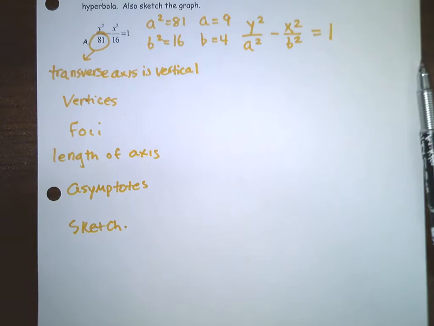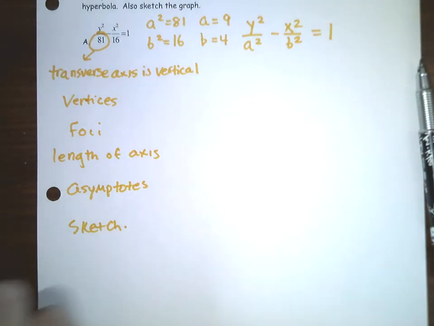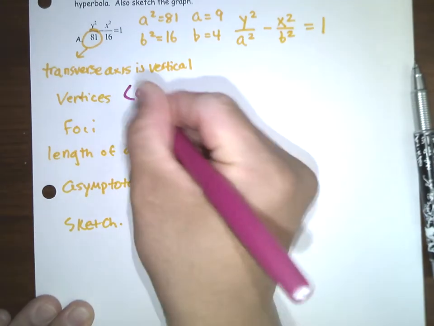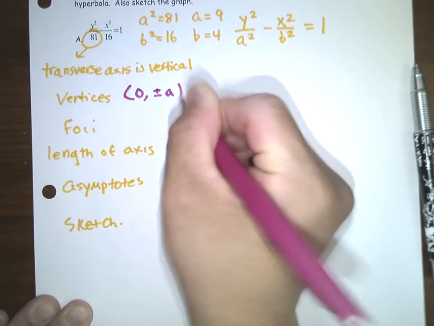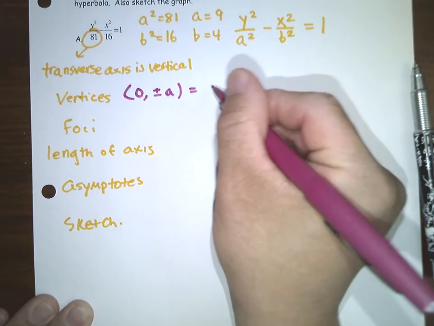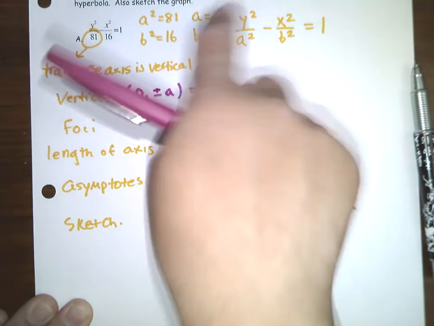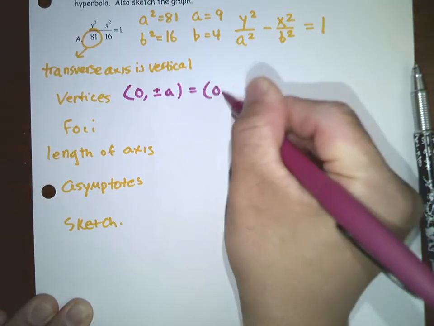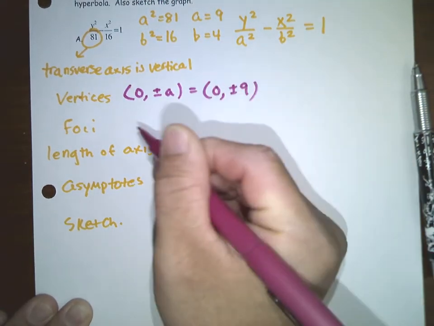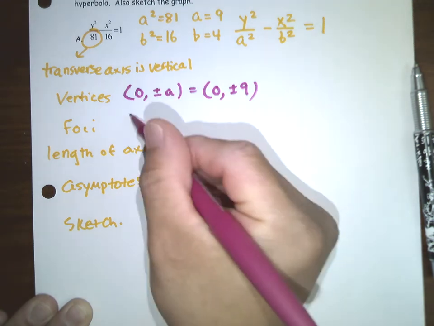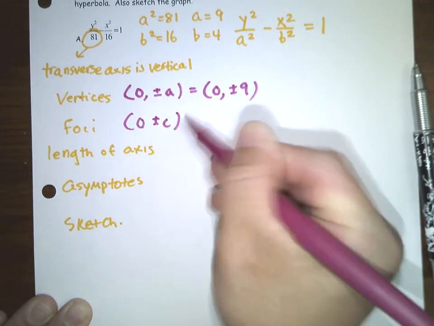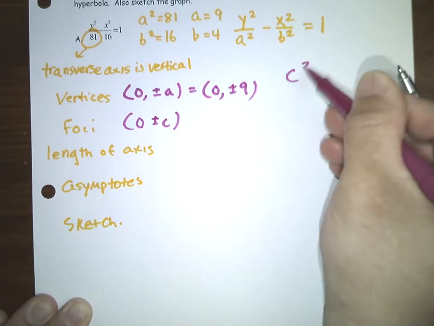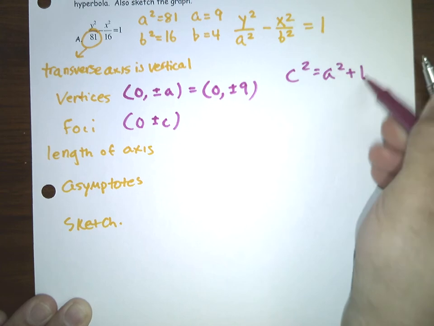All right, so for a hyperbola with a vertical transverse axis, the vertices are at 0 and plus or minus a. So a squared was 81, so a will be 9, so that's 0 and plus or minus 9. And the foci are at 0 plus or minus c, but c squared was a squared plus b squared.